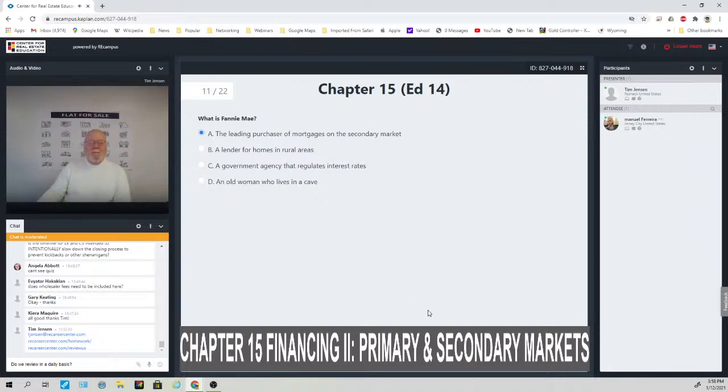Good Lord. Number 12, the public can invest in mortgage pools by buying certificates issued by who? Who issues certificates?